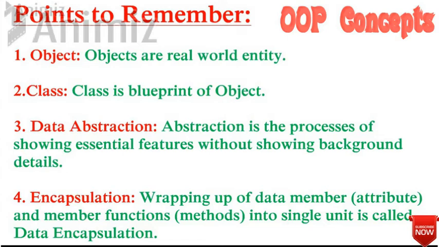The third characteristic of OOP, data abstraction: abstraction is a process of showing essential features without showing the background details. And the fourth characteristic of OOP is encapsulation: wrapping up of data members, that is attributes, and member functions, that is methods, into a single unit is called data encapsulation.